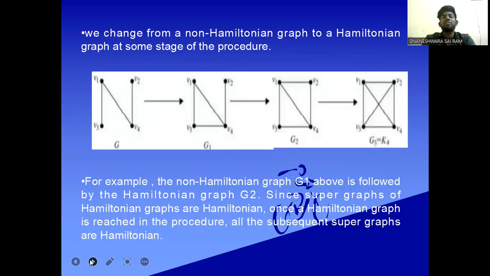We can change from a non-Hamilton graph to a Hamilton graph through some stages of a procedure. For example, the non-Hamilton graph G1 above is followed by Hamilton graph G2. Since supergraphs of Hamilton graphs are Hamilton, once Hamilton graphs are reached in the procedure, all the subsequent supergraphs are Hamilton.